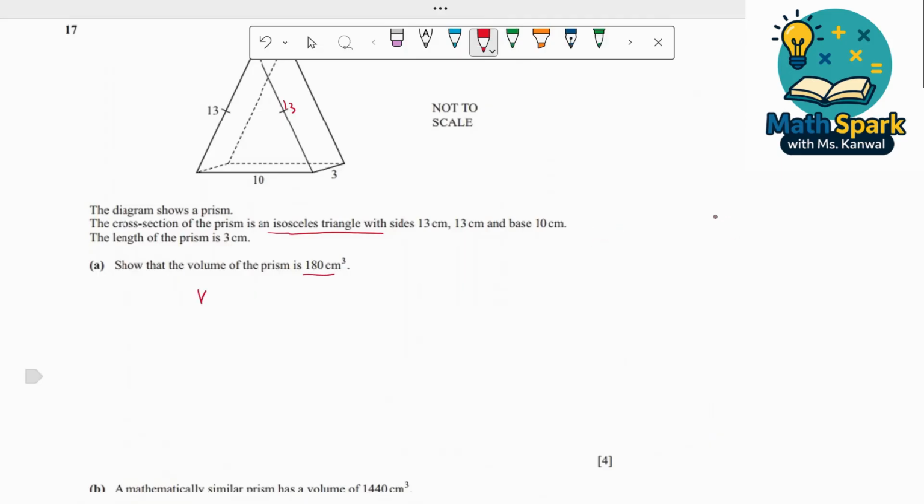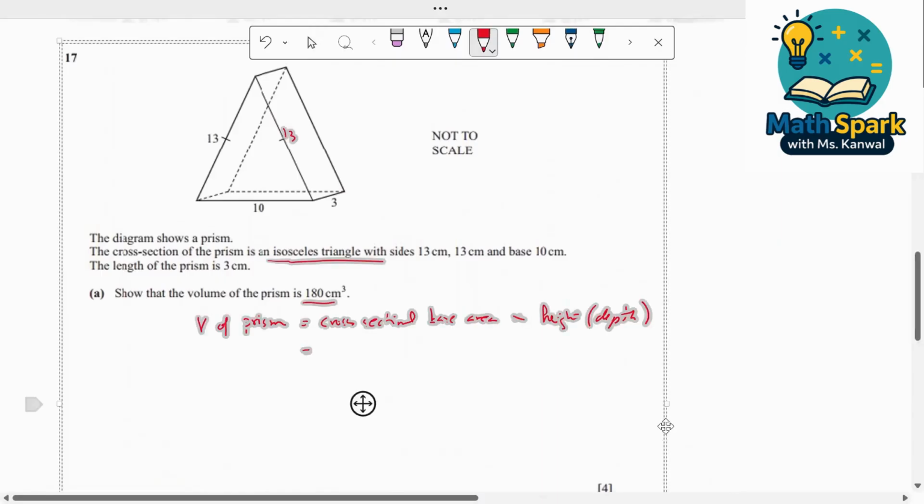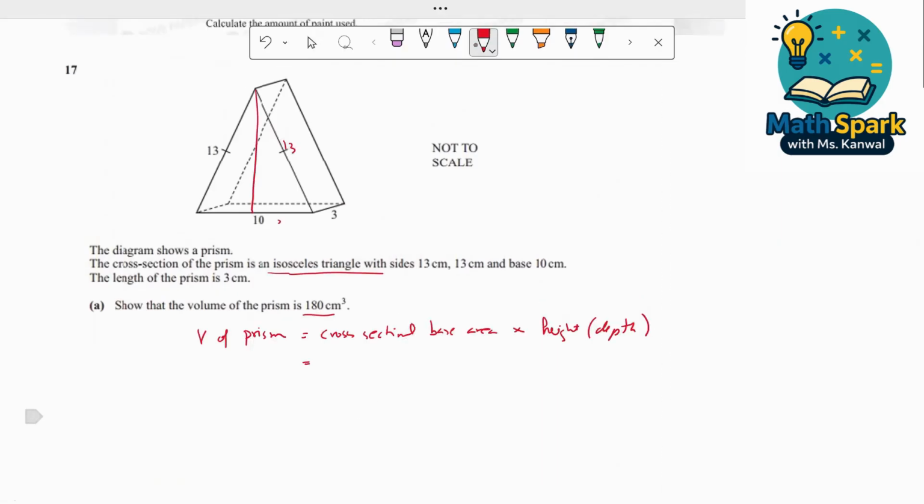So let's check. Volume of prism is equal to cross-sectional base area multiplied by height, or in other words, depth. We need to get the height again using Pythagoras theorem. Cutting it, it's an isosceles triangle, so this will be 5 and 5. Using Pythagoras theorem, h squared equals b squared plus p squared.